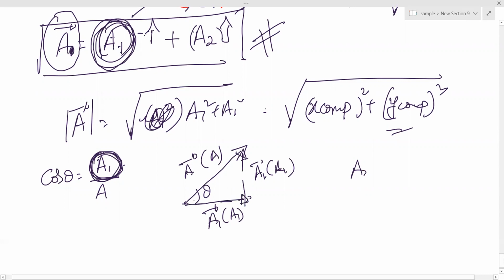No, you cannot say it is base, because suppose in this diagram you tell me this is theta, this is x, this is some r, y. You tell me what is cos theta from the diagram. Cos theta will be x by r.